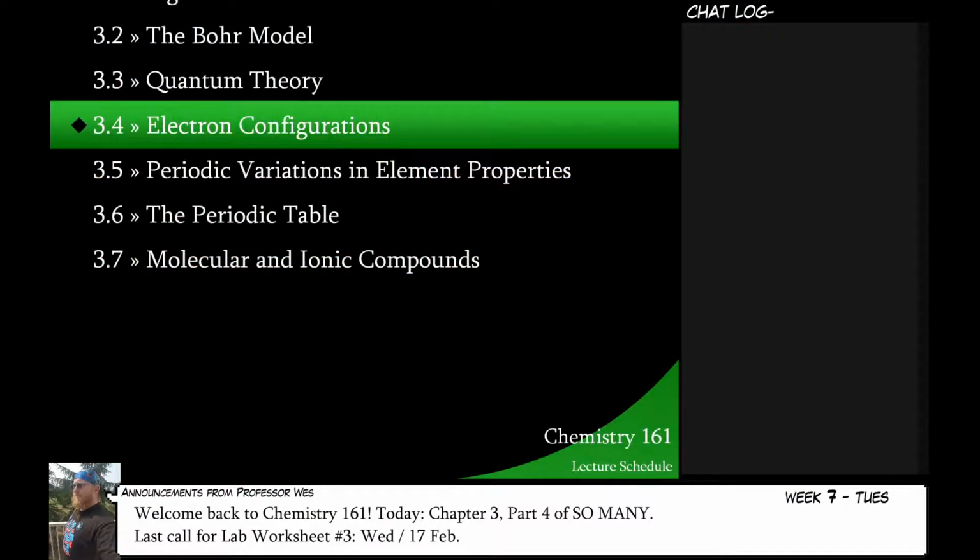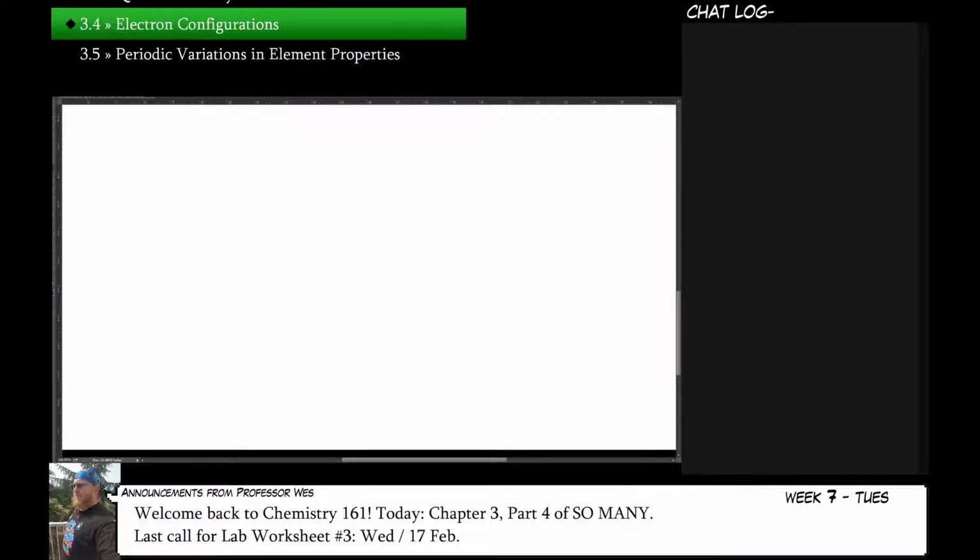All right, so now what we're going to do is take everything that we learned yesterday and put it together into a diagram for electron configurations. I'm going to go off script here for a bit. We're going to review all of those quantum numbers and show how to translate that into a picture.